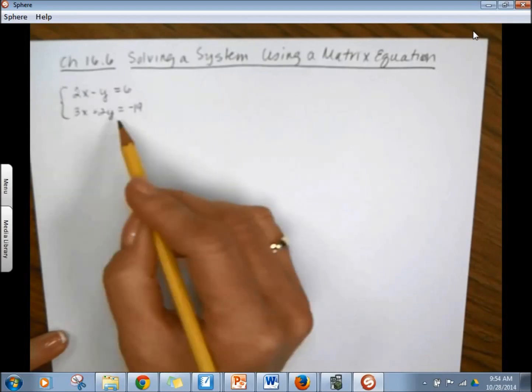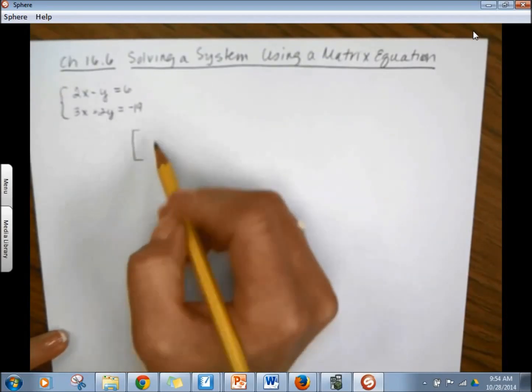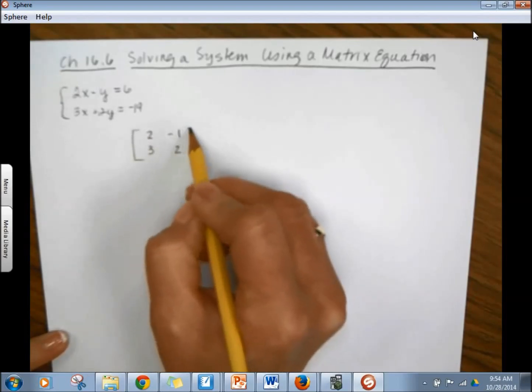There's three parts to a matrix form. We need the coefficient matrix, which is comprised of the coefficients of the variables.